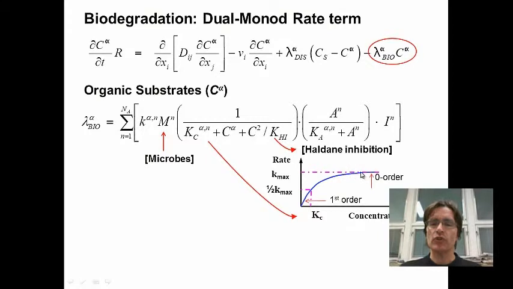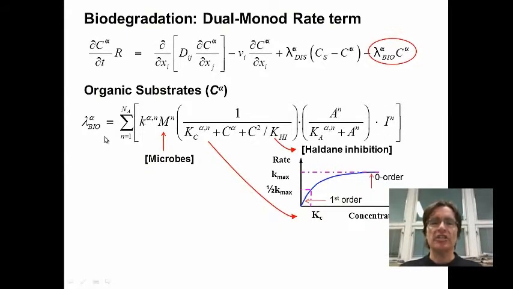As I mentioned before, the Monod term gives us a way of changing the reaction order as a function of concentration. So at low concentrations, the Monod term gives us a first order. At high concentrations, it gives us a 0 order, where it's already reached its maximum biodegradation rate, because it's now no longer dependent on the concentration. We can have inhibition terms as well, where one component can inhibit the degradation of another.